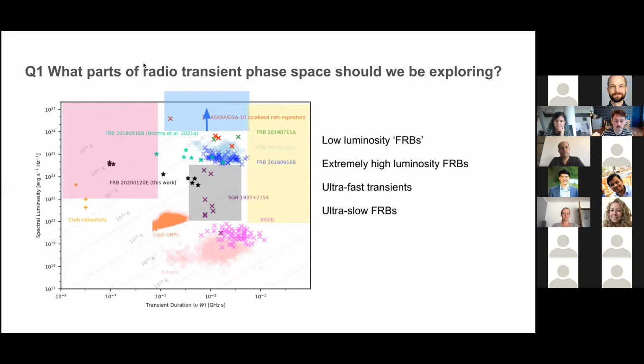Also the very high energy electromagnetic, the gamma ray, is developing very fast. So it's all a bit unpredictable, to be honest. I think being ready to jump whichever way we need to jump is probably the most important. Thank you.